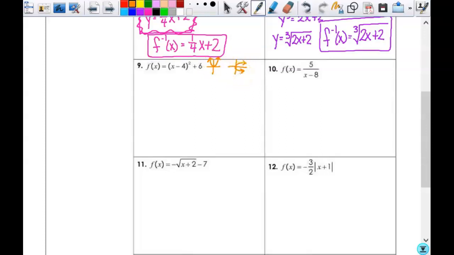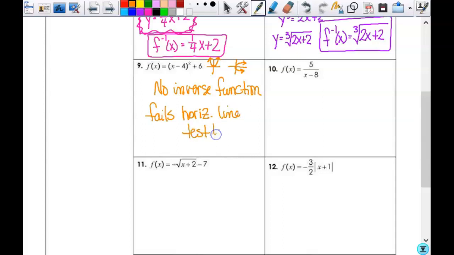So the inverse is not a function. So this is no inverse function, because it fails the horizontal line test. Okay, this is my answer.